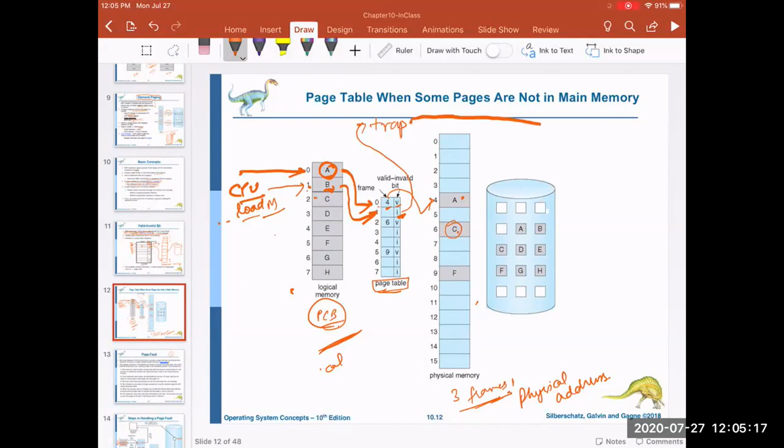Trap would fetch the information from the secondary storage, and let us suppose B is here, and tries to put it into some location. Let us suppose 13. Once this is done, the entry here would be updated. Here is 13, and then your I would become valid V.